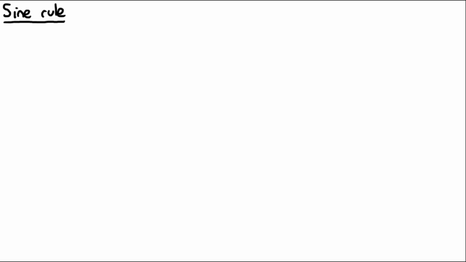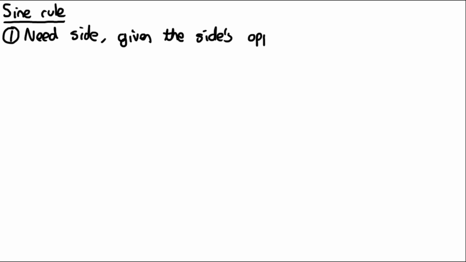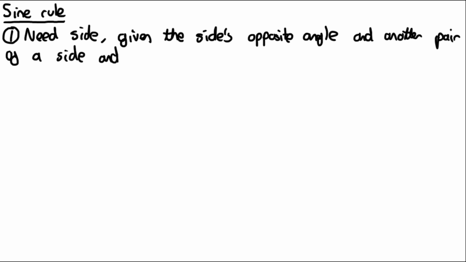So you can use the sine rule in two instances, similar to that of the cosine rule. The first instance is when you need a side and you're given this side's opposite angle, the pairing that we talked about before, and another pair of a side and that side's opposite angle.